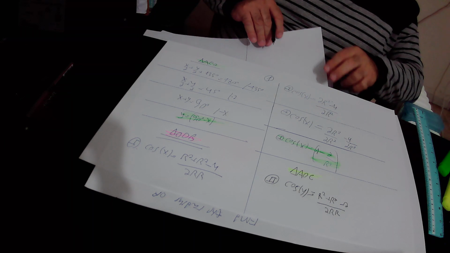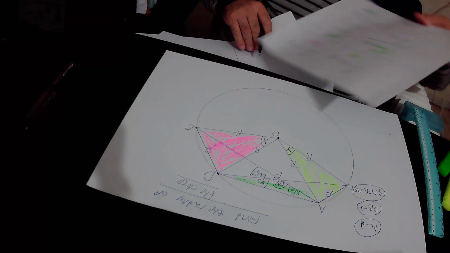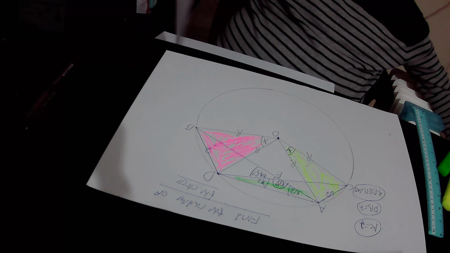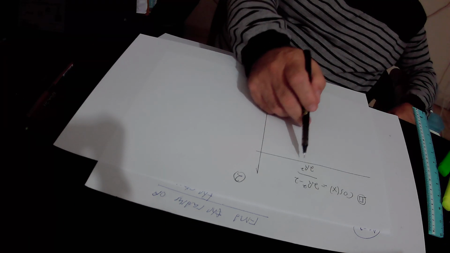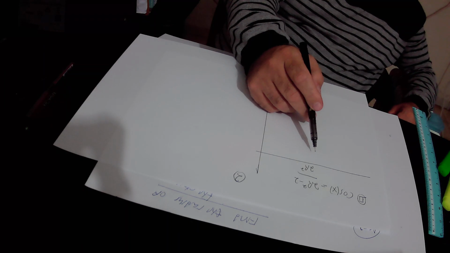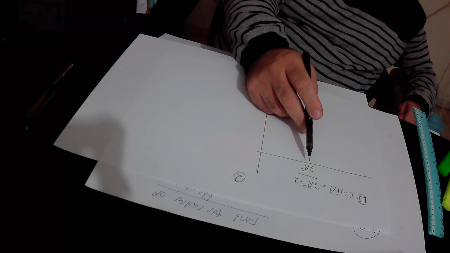Again, cosine y equals 2r squared minus 2 over 2r squared. Here we'll split this expression into two parts.